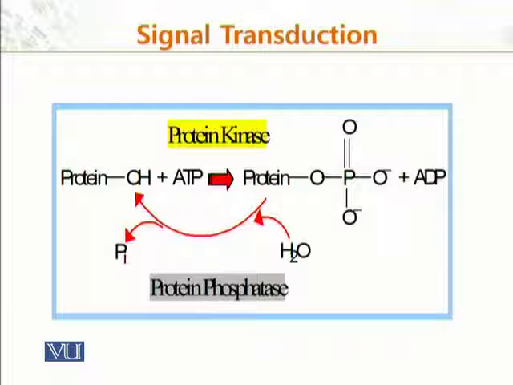On the upper part there is a protein kinase: the protein hydroxyl and adenosine triphosphate, or ATP energy, goes to the protein and transfers the phosphate group, plus ADP. Whereas on the bottom, there is a protein phosphatase, and again we can see that the inorganic phosphate is released from that, and the signal is transduced.